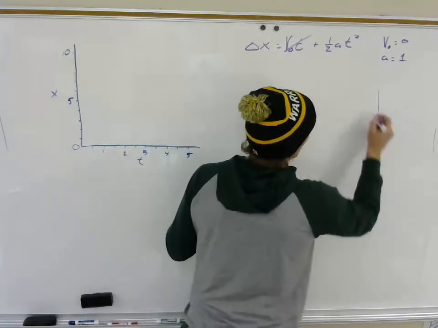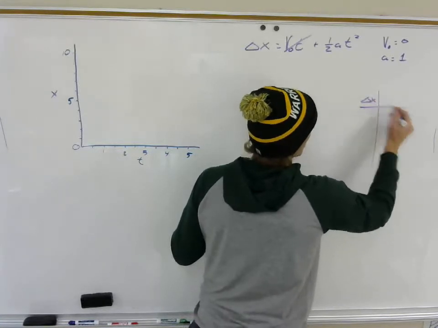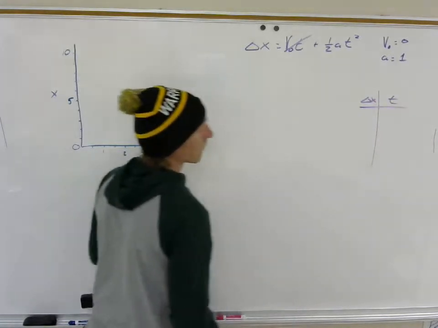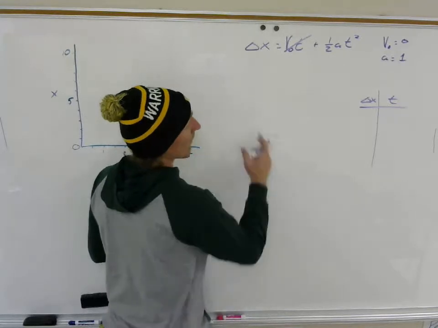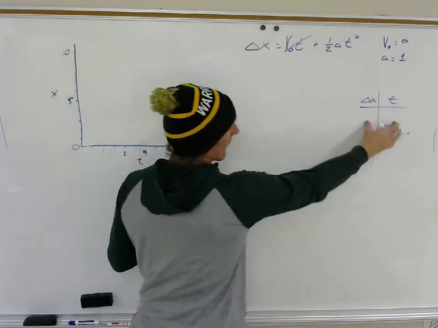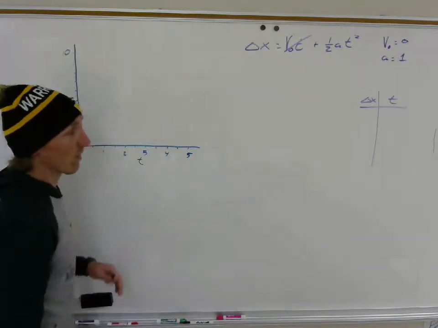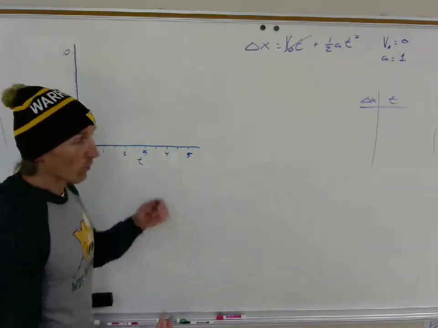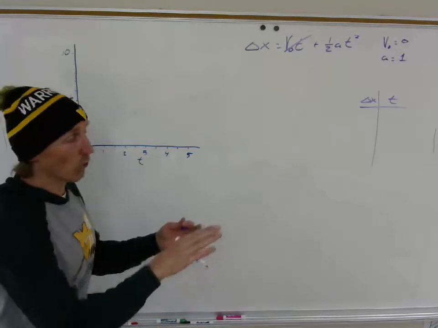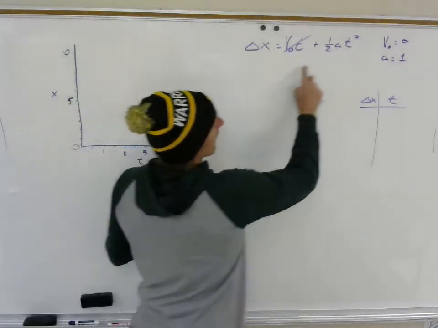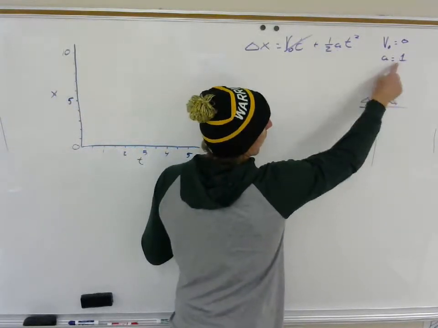All right, so I'm going to make a little table over here of my displacement and my time. If I plug numbers in and spit them out, I can get some data points, plot them on a graph, and we can see what shape it shows us. We have acceleration present, so we're going to see if it actually gets a curve or not. So 1/2 times a is 1.